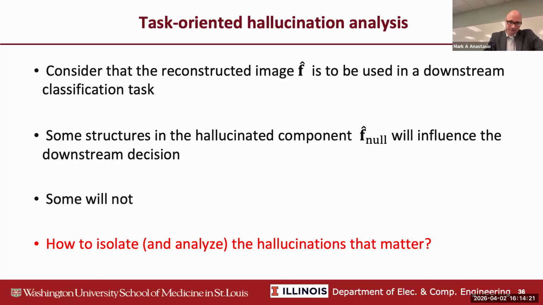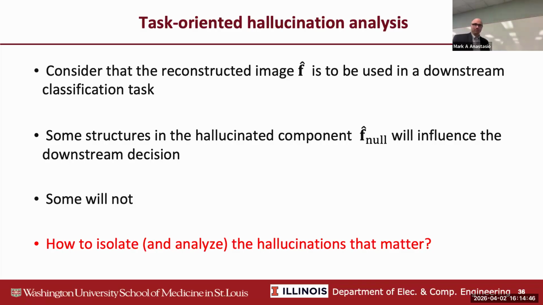The key question now is, we know the hallucinated component may be diagnostically useful. If things go well, maybe parts of the image that were recovered in the null space will help the downstream classifier, but some may not help. So in general, hallucinations can be either helpful or harmful. You can't really make a strong claim that it's universally good or bad. It really depends on what the downstream task is.